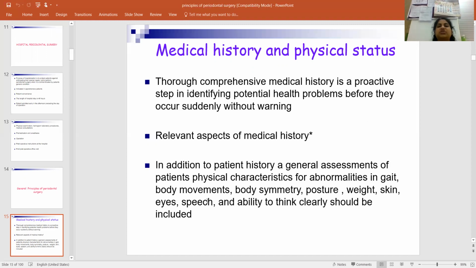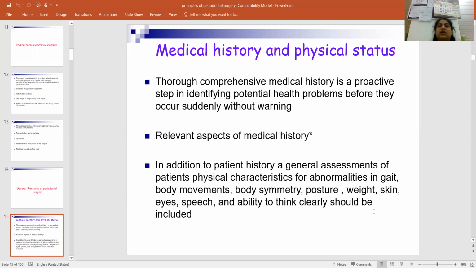In addition to the patient history, a general assessment of the patient's physical characteristics for abnormalities in gait, body movements, body symmetry, posture, weight, skin, eye, speech, and ability to think clearly should be included, because this will give the general status of the patient.